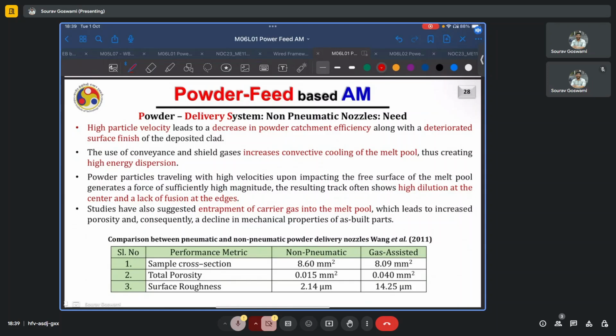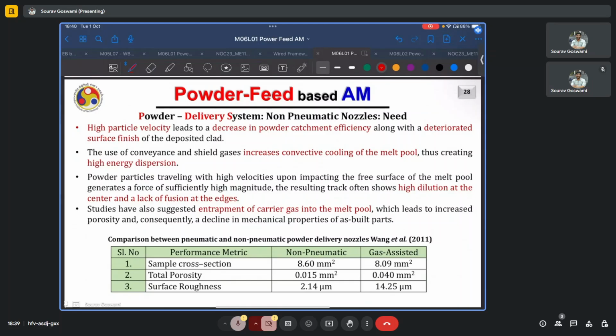So the high particle velocity leads to a decrease in powder catchment efficiency along with deteriorated surface finish of the deposited clad. The use of conveyance and shield gases increases convective cooling of the melt pool, thereby creating high energy dispersion.